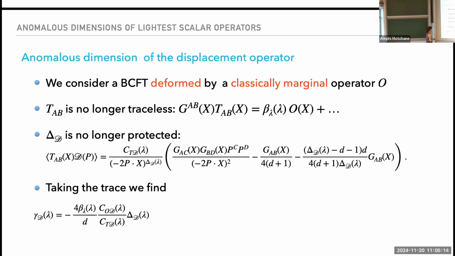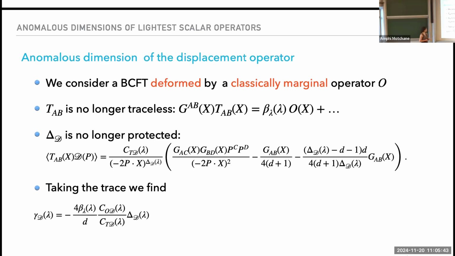And the nice thing is that since the coupling is marginal, this already starts at order lambda squared. To get the anomalous dimension, which would be a loop computation, we simply need to compute this at leading order. So this is the nice point. We don't have to perform a loop computation. We just need a tree-level computation with this formula.